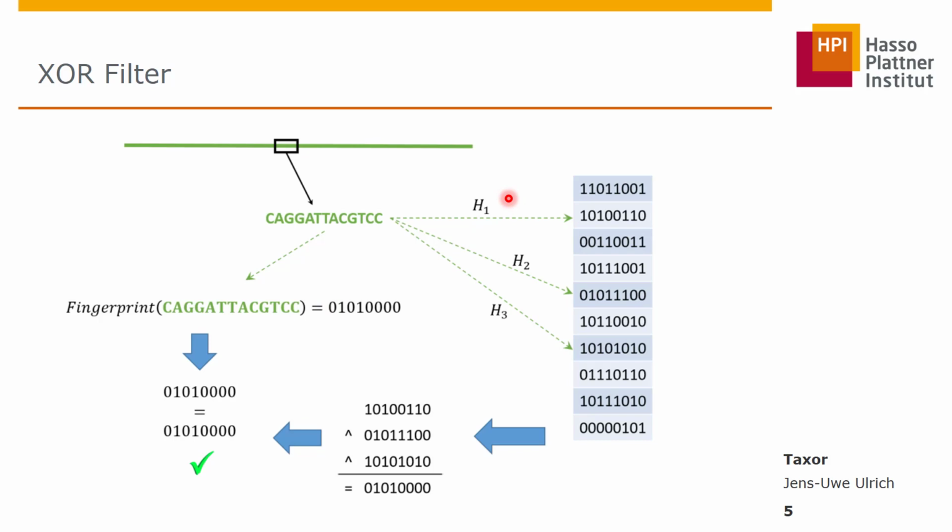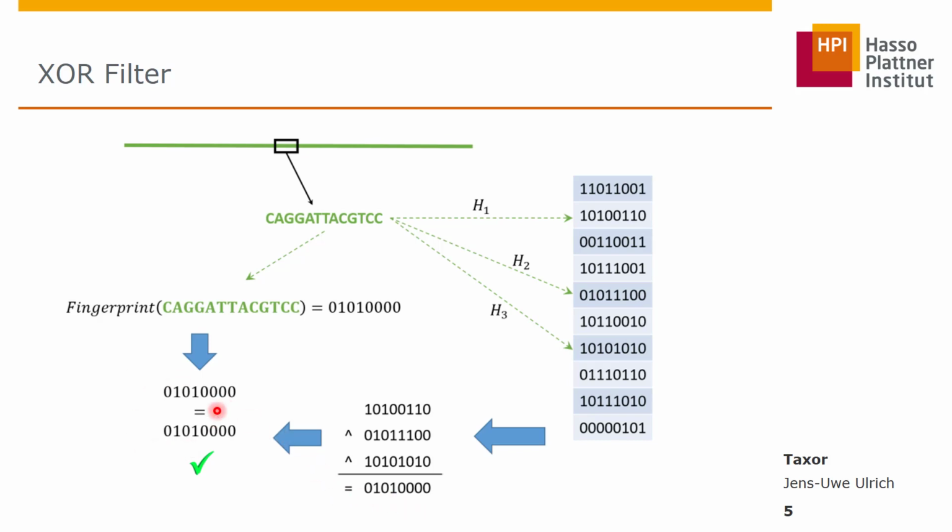Then we calculate 3 hash values for the k-mer using 3 different hash functions. Each hash value points us to a position in the XOR filter. Now we only need to set these 8-bit values of the 3 positions in such a way that the logical XOR of the 8-bit values equals the result of the fingerprint.